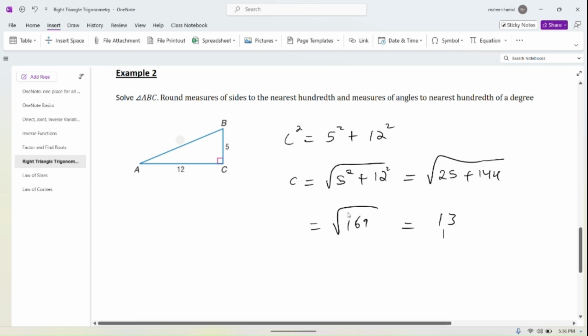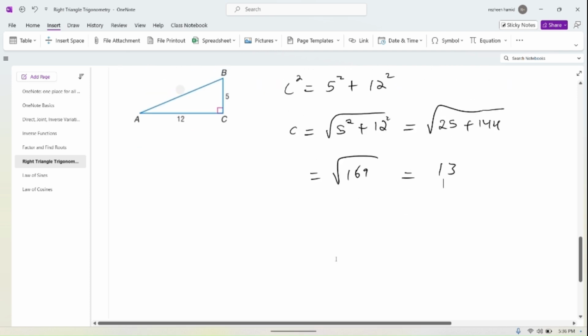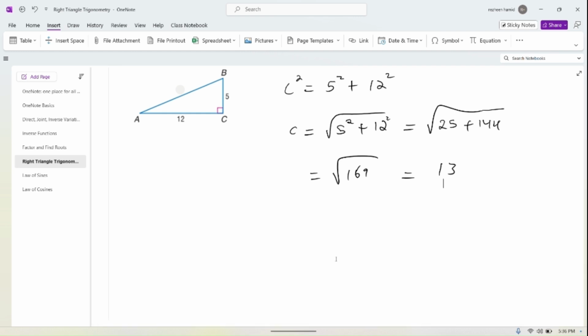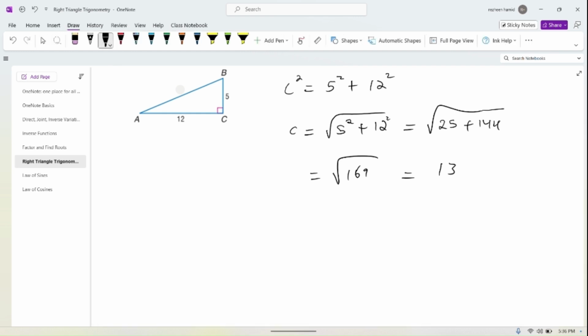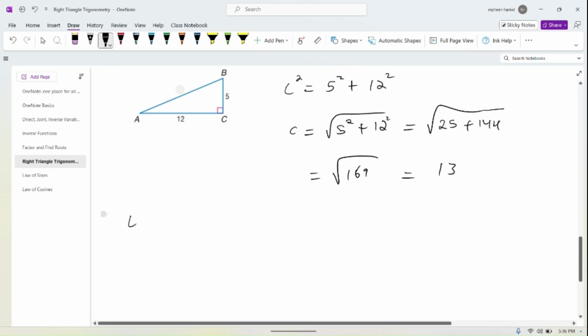So c is 13. Let's solve for angle A. For angle A, I'm going to use tangent of theta. Tangent of A equals 5 over 12. So A equals inverse tangent of 5 over 12, arctangent.